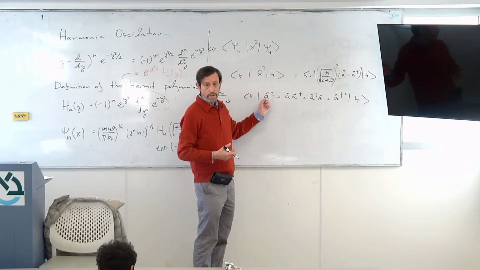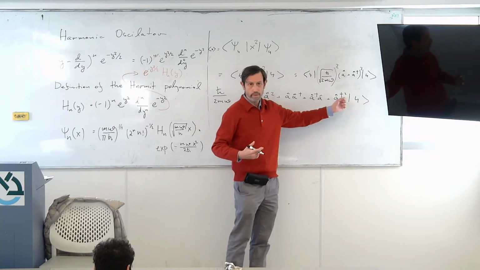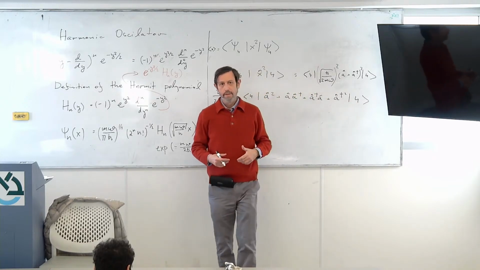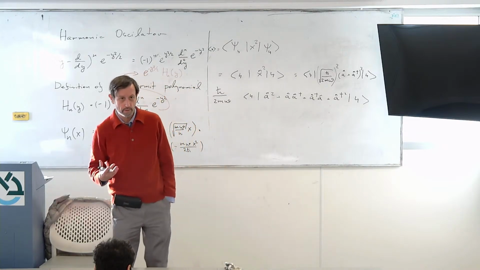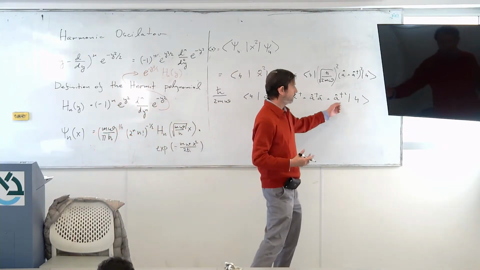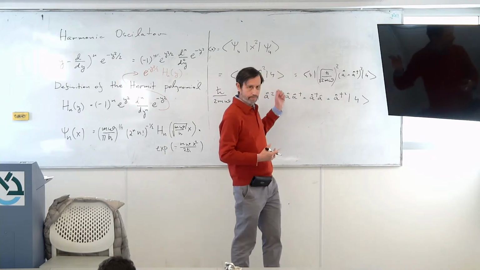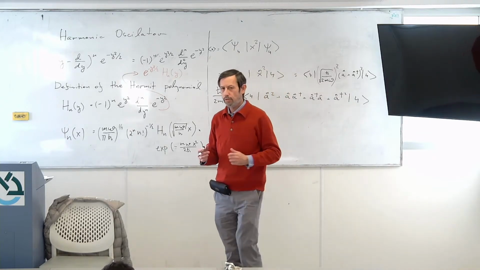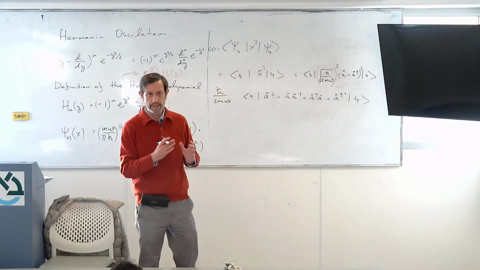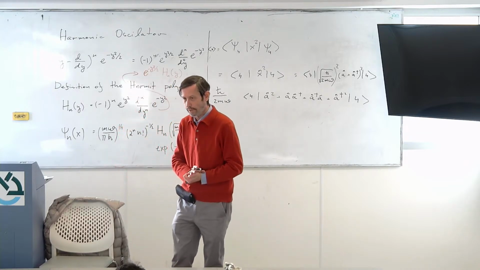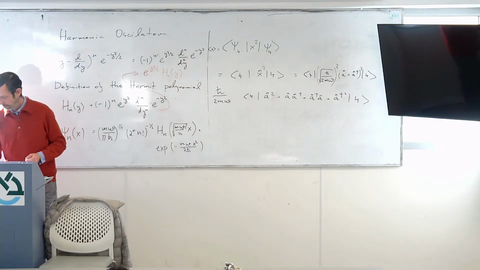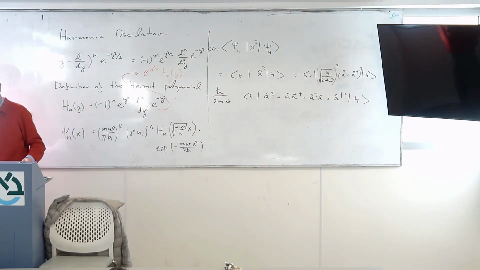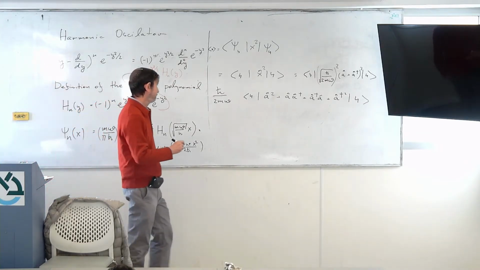Why? If I annihilate twice, I'll end up with 2 here. Scalar multiplication with 4 will give me 0. This will give me 6, but scalar multiplication with 4 will give me again 0. So I don't have to worry about that. Okay.